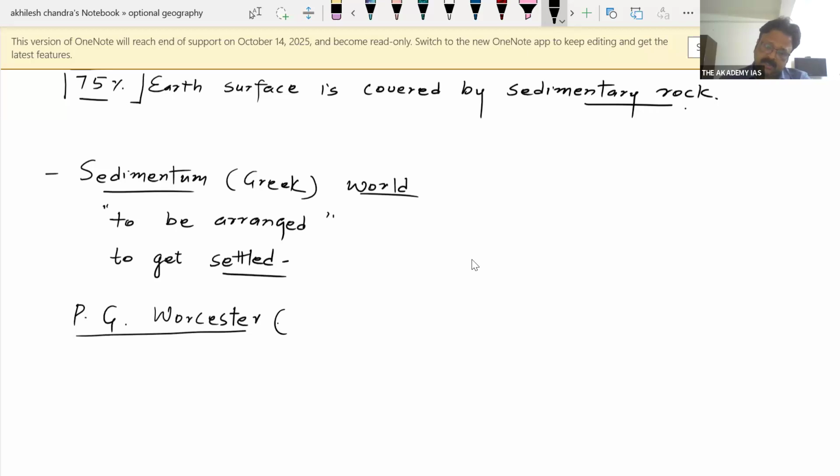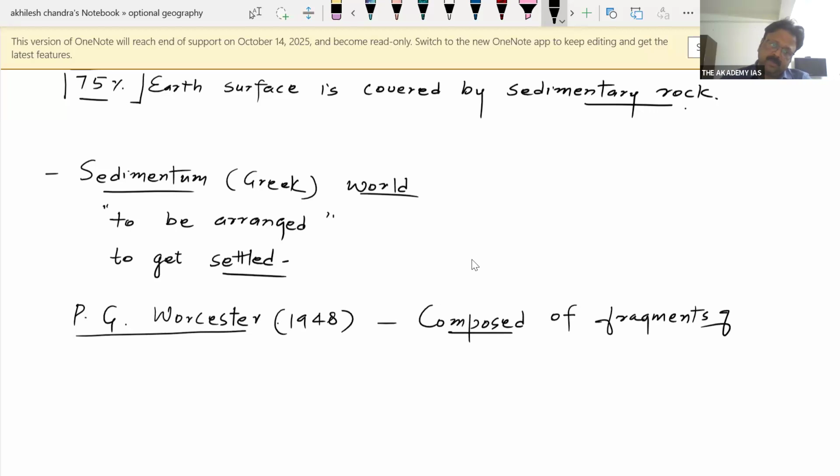P.G. Worcester in 1948: sedimentary rocks are composed of fragments of primary rocks arranged in layer.